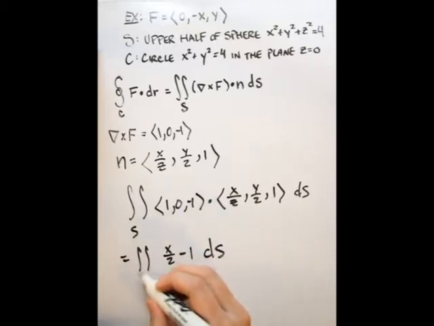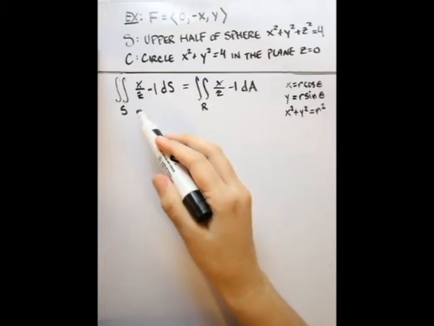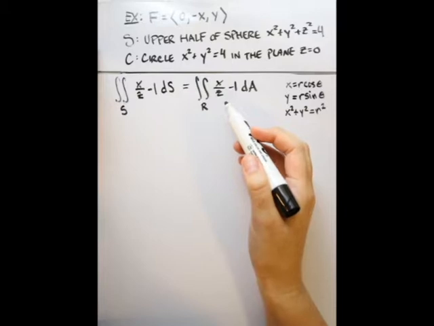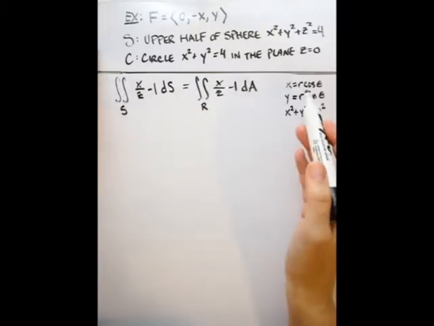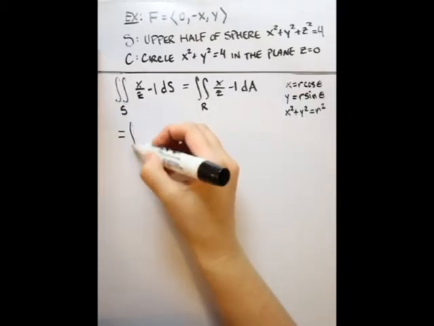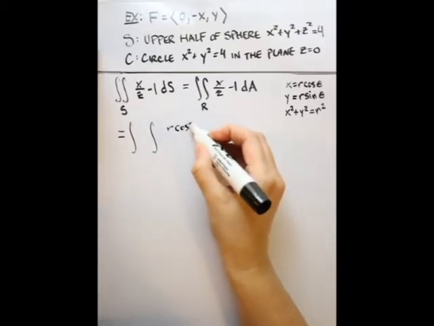Alright, now we just need to define our region over which we're integrating. Now that we've evaluated our dot product, we're integrating over region R. We're going to convert to polar coordinates in order to make this integration easier. So that gives us our double integral, and we have r cosine theta.